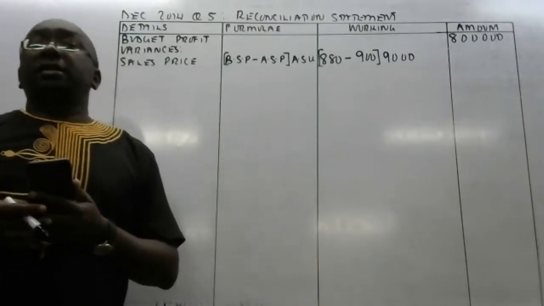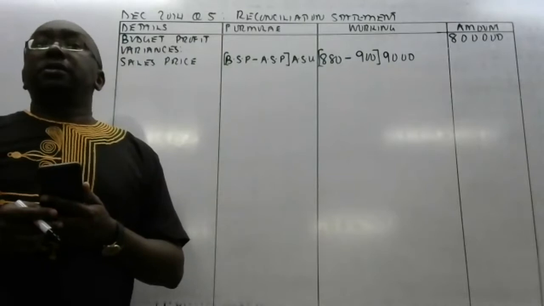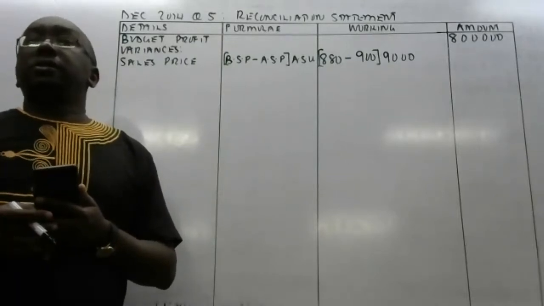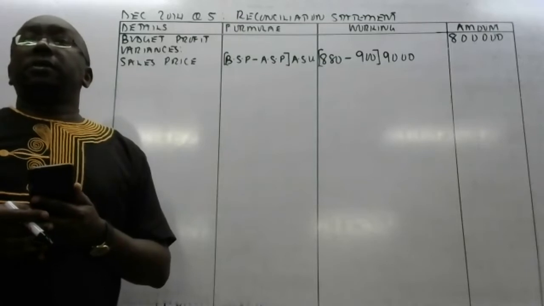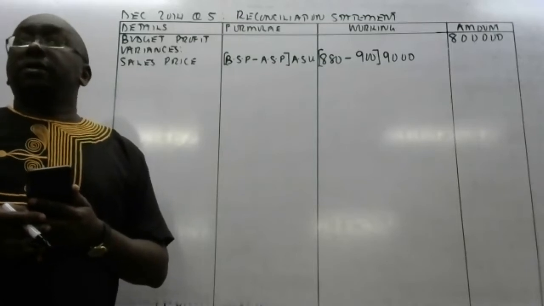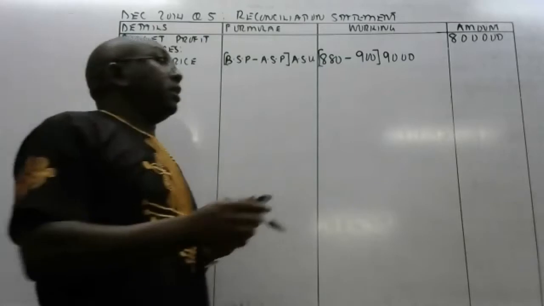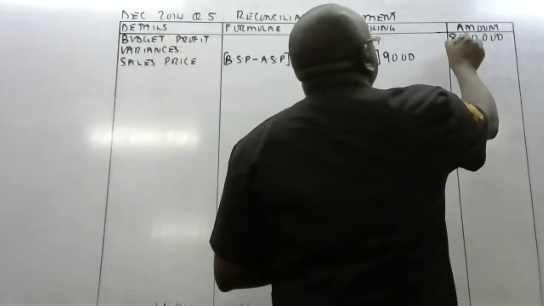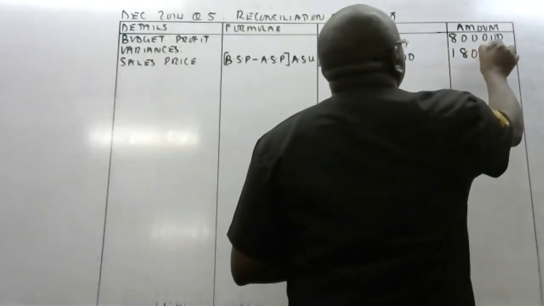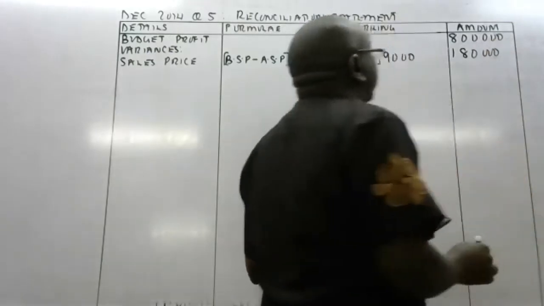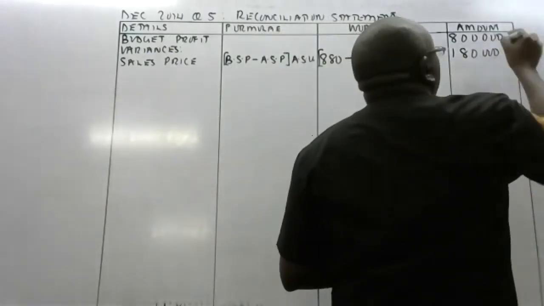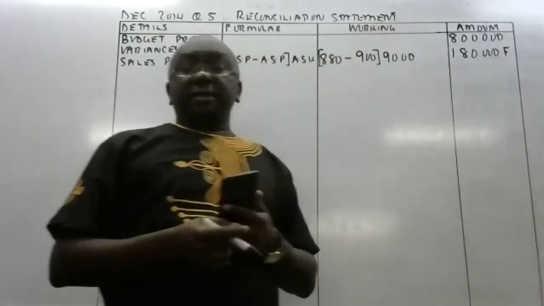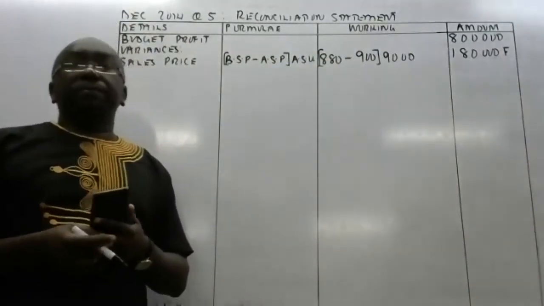So how much is that? 180,000. Is it favorable or adverse? It is favorable because we ended up selling at a higher price.